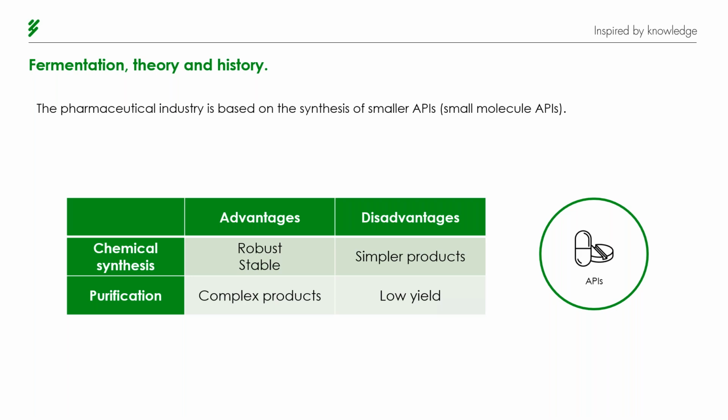Meanwhile, the purification method consists of extracting the API from the raw material that synthesizes this molecule naturally. This method requires large plantations to maintain the production, since the yields are very low. Companies use this last method for molecules as a last resort because it is not as viable as chemical synthesis.